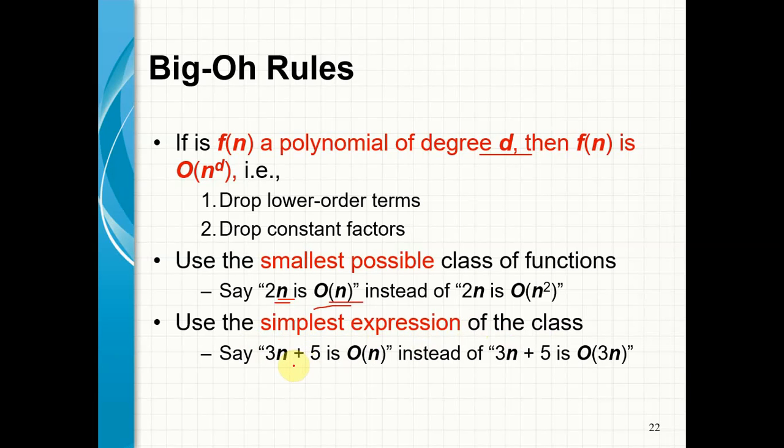That is, we use O(n) for 3n plus 5 instead of O(3n). So these are the basic rules.